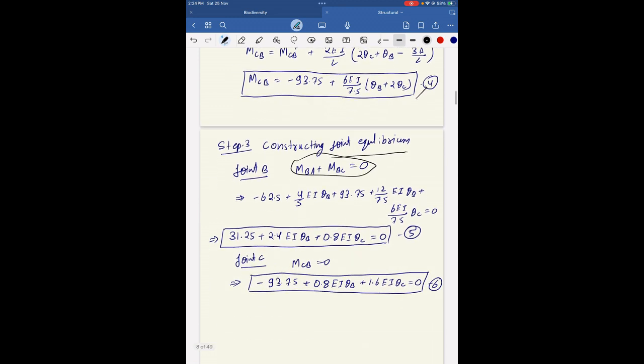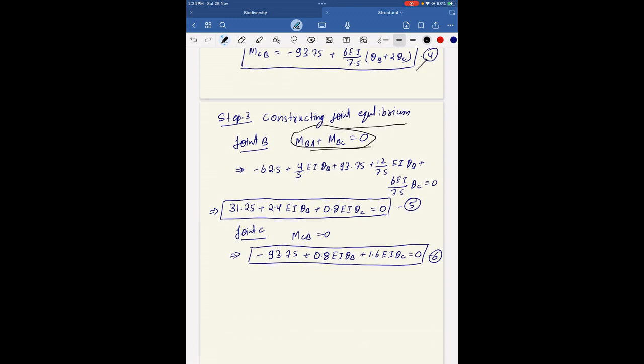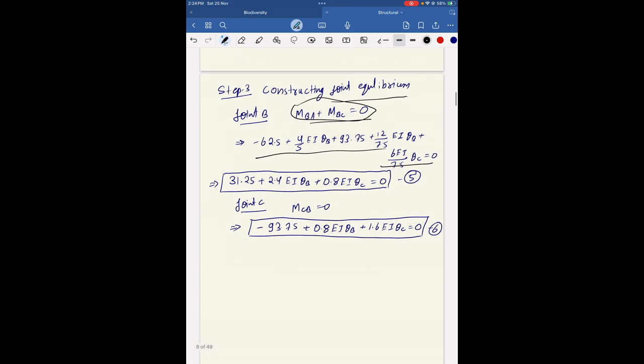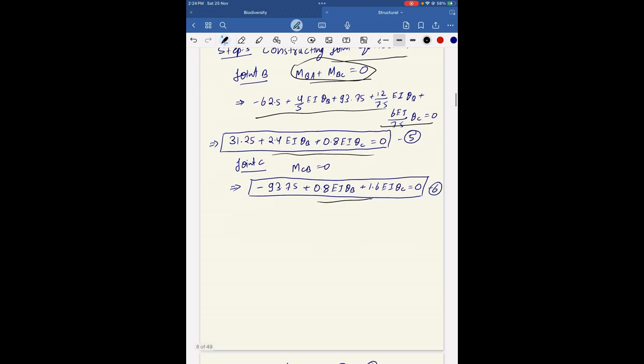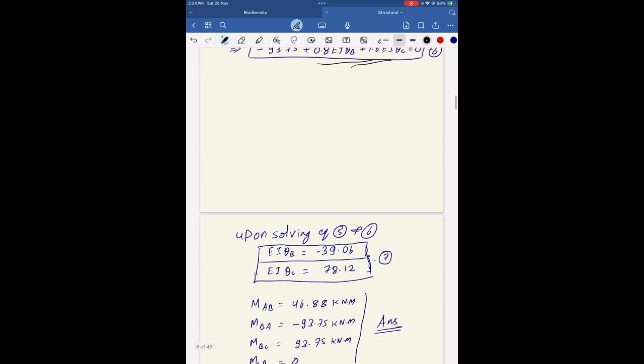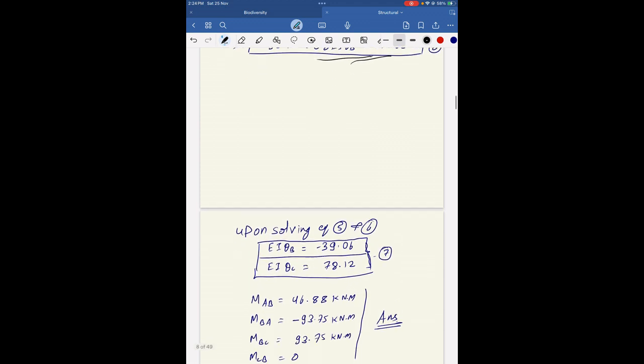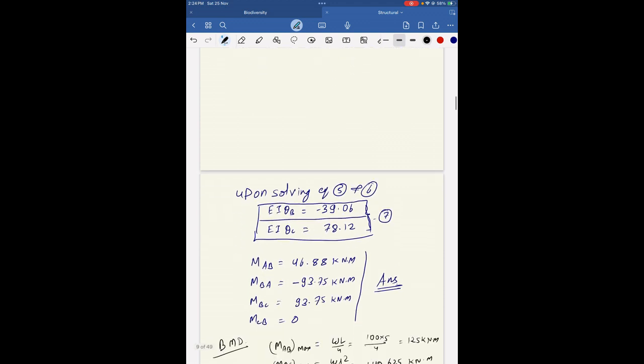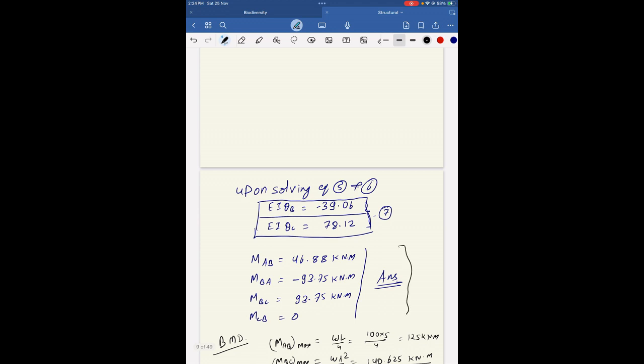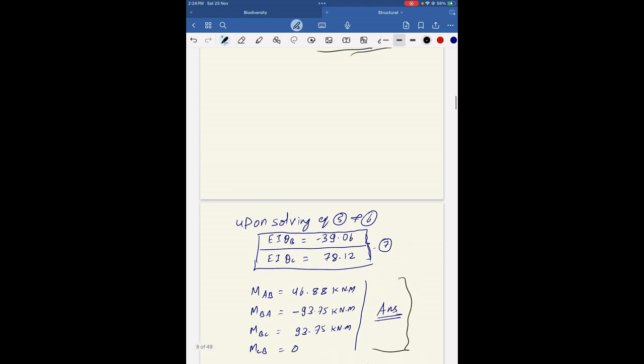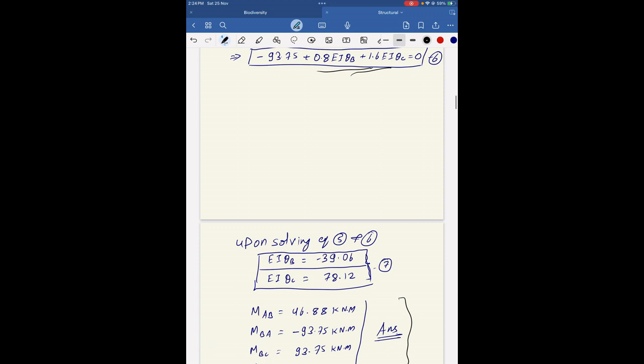When we add both, the joint equilibrium moment at point B is 0. When we solve these equations, and the equation at joint C, we get the values of EI theta B and EI theta C, and by putting these values in the above equations we get the moments.